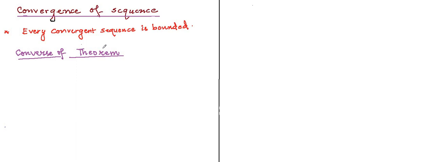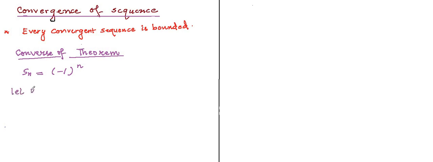We will be taking a very simple example, the sequence Sn equal to minus 1 to the power n. You can clearly see that this is a bounded sequence because its range is bounded. Now, according to the definition, we will choose an epsilon which is greater than 0.